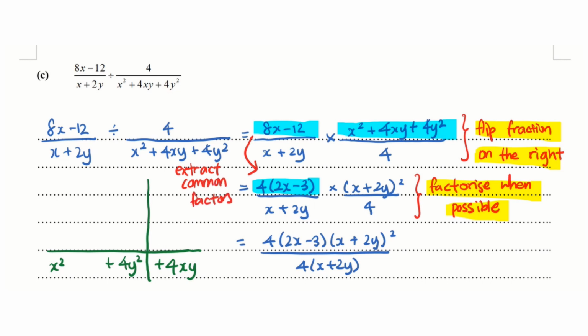In the other numerator, the factorization process will be where we employ the cross method. So when doing the cross method, we will arrive at x plus 2y, brackets squared.